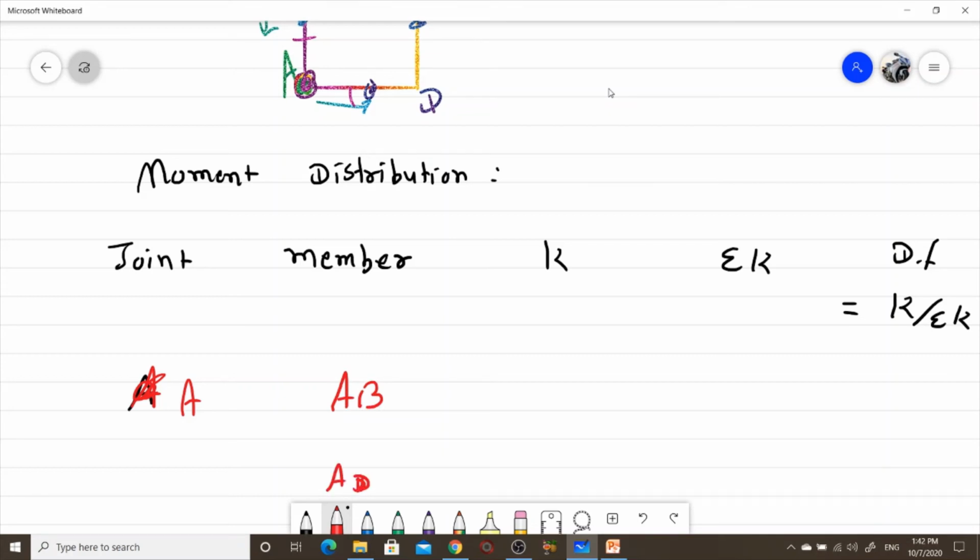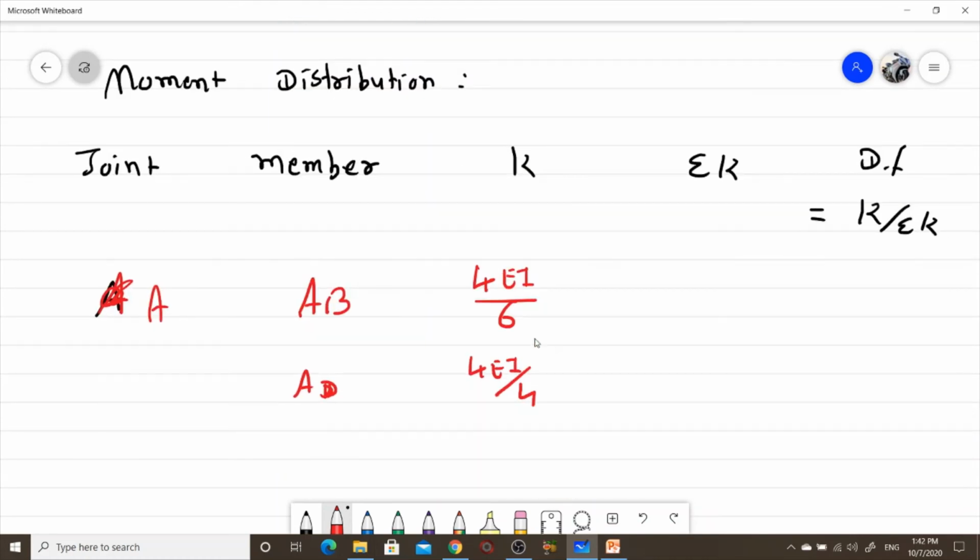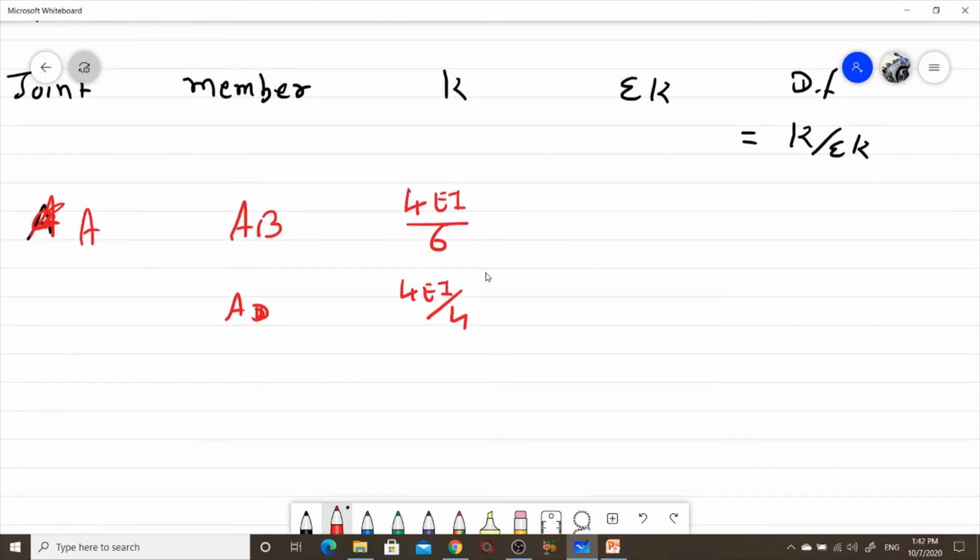The stiffness K equation is 4 EI by L, so the values are 4 EI by 6 and 4 EI by 4. Member AB length is 6 meter and member AD length is 4 meter. So the summation of K is 0.67 EI plus 1 EI, which is 1.67 EI.